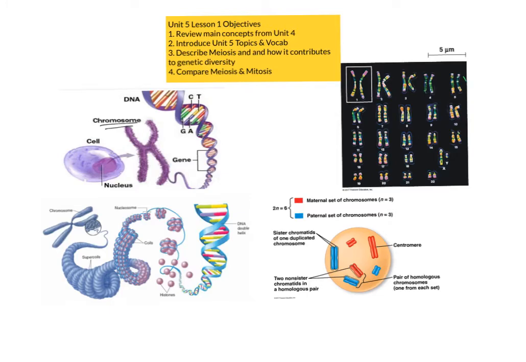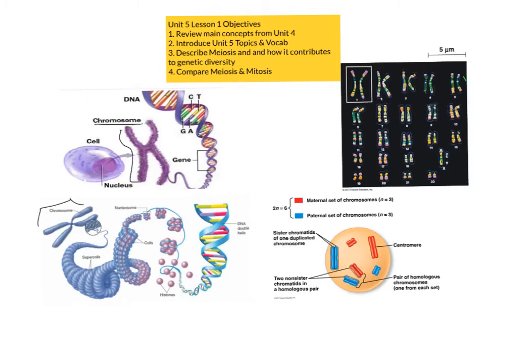So I mentioned, right, one of the main things that we're going to be referring to a lot in this unit is a chromosome. And a chromosome, if you remember, is a tightly wound strand of DNA that forms these structures that we see here and also down here.